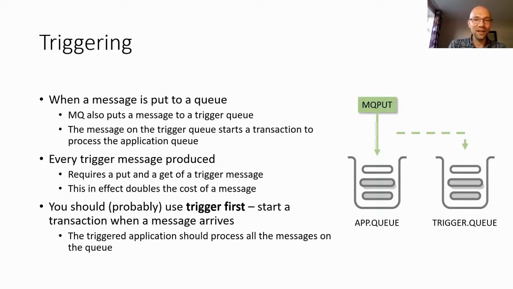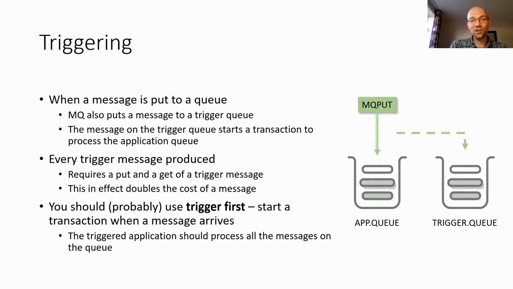It's a way of getting applications started in order to process messages that are appearing on a queue. Of course, there is a cost associated with that, because it's almost doubling the cost of putting a message to a queue. Not quite, because it's not an extra MQI call and not an extra persistent message being put, so it is cheaper than the actual messaging by the application, but there is a cost.